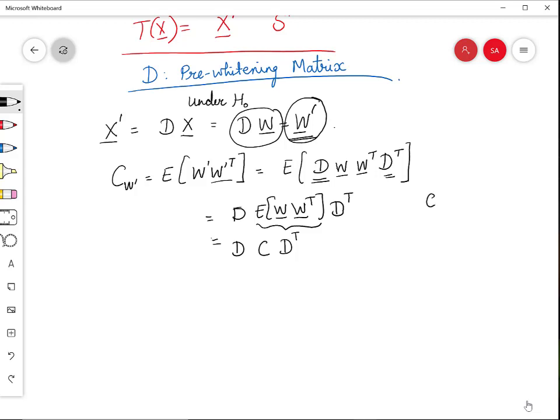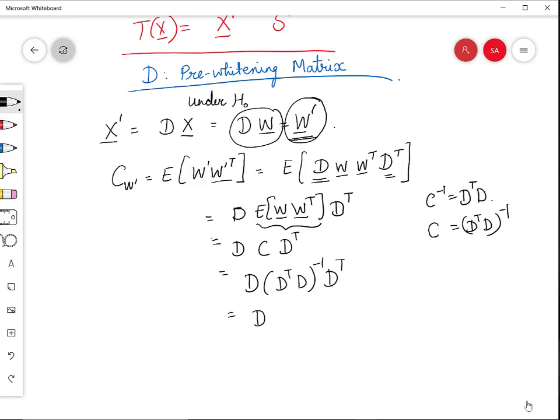C inverse we wrote as D transpose D, so I can write C as D transpose D inverse. So this will be D times D transpose D inverse times D transpose.